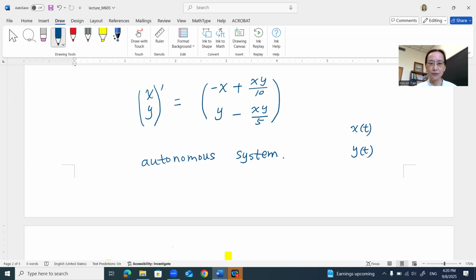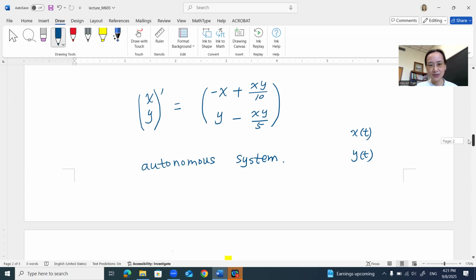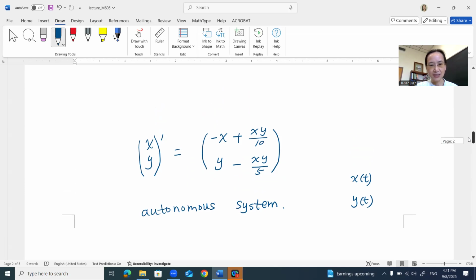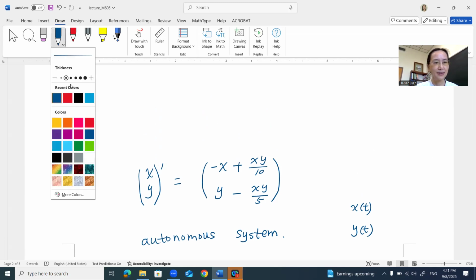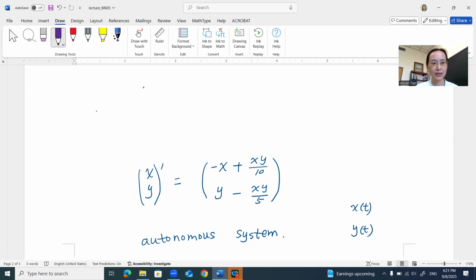By the way, if we write this equation simply by changing the names of the two equations, it's still the same system. So let's try to show the same system in a different way.